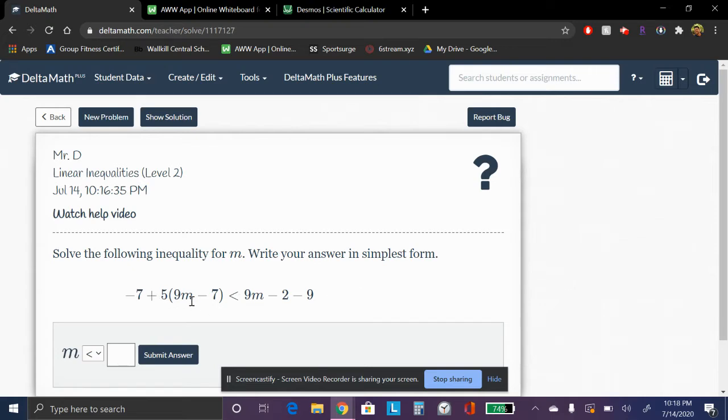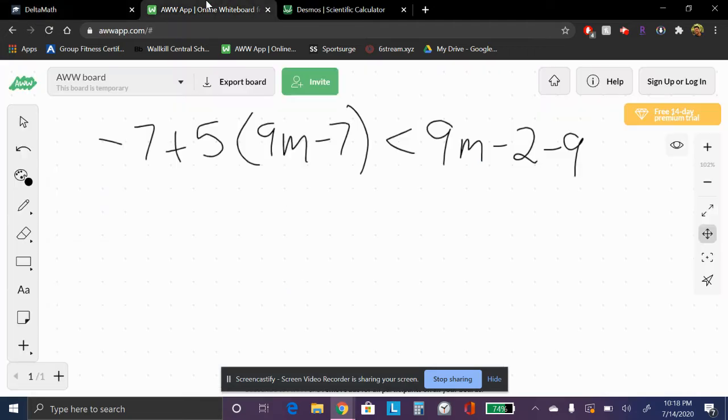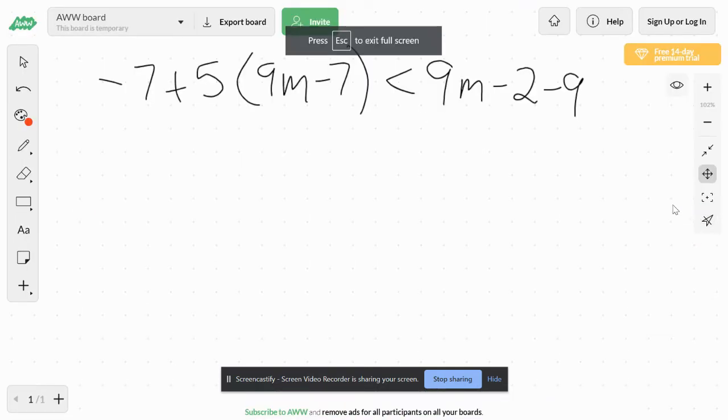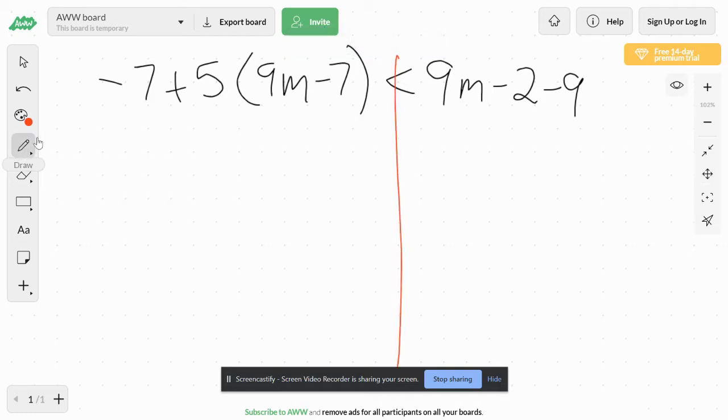So we have this long inequality right here. I wrote this down on my separate paper over here. And what I'm going to do is solve this by simplifying both sides. So I'm going to draw my line down the inequality.